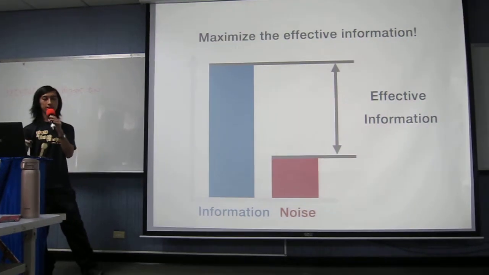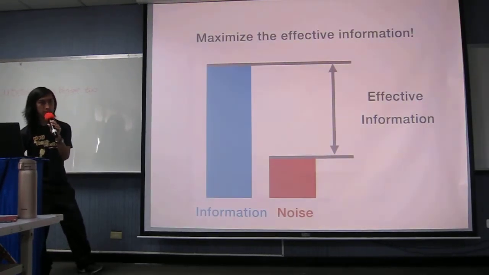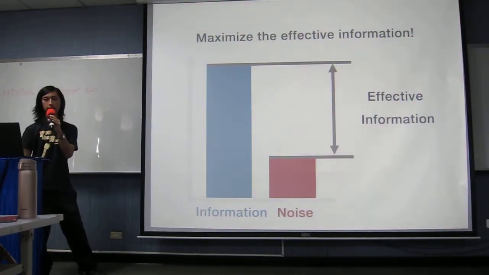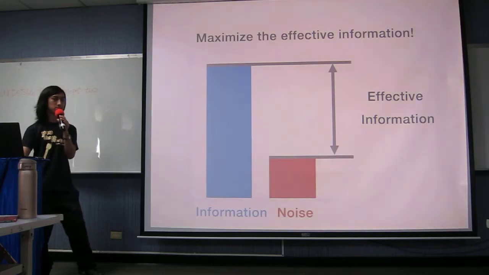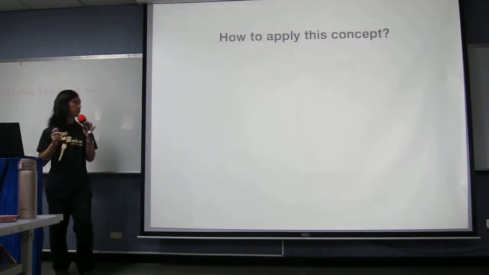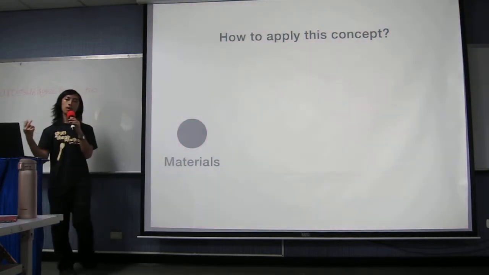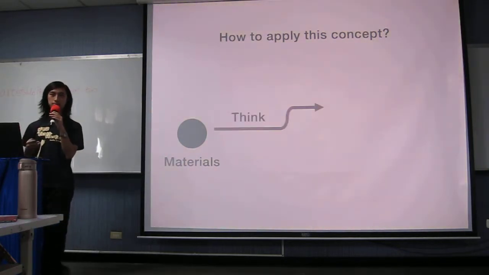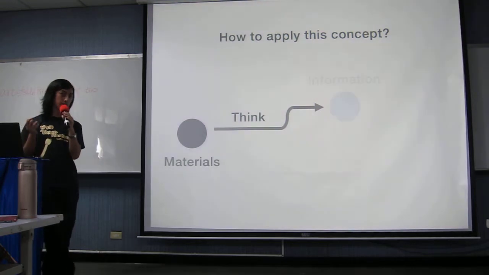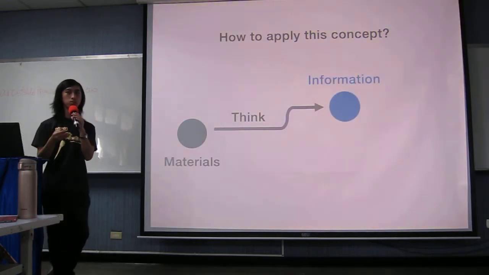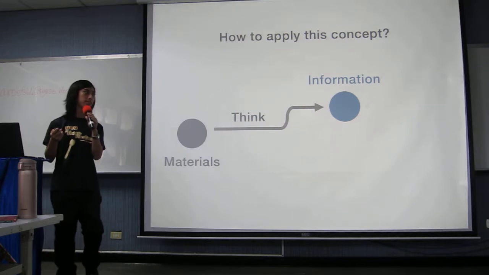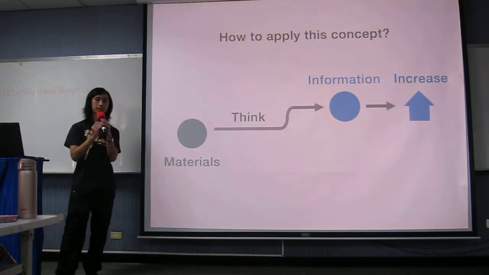Now, you may want to ask, how do we apply this concept to make a good slide? First, we may have our raw materials, and what we should do is to think, is that the information we want to convey to the audience? If yes, then increase the information.